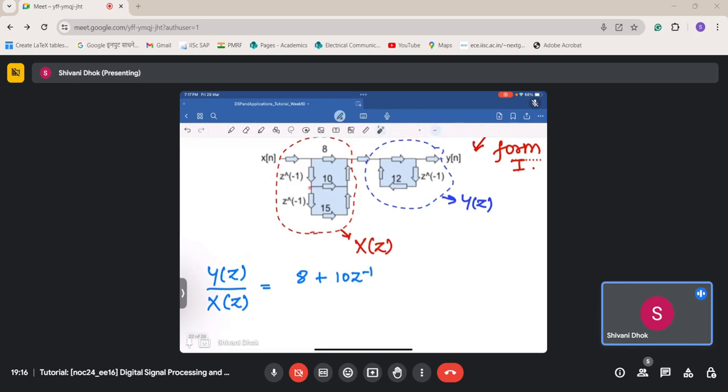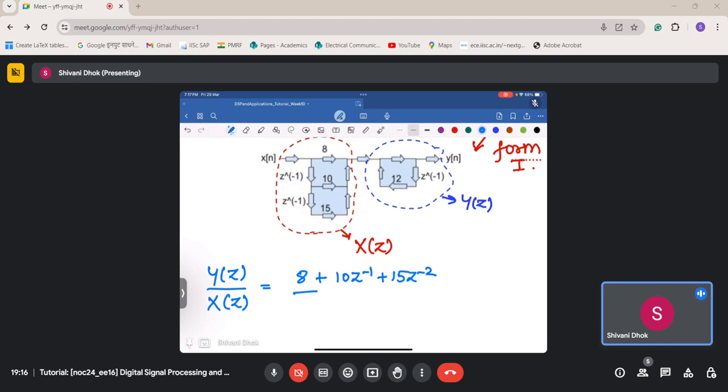Then we have another z inverse, so here we have z to the power minus 2. So X(z) gets multiplied by z inverse into 15, and this gets added with 10 times z to the power minus 1 plus 8 into X(z). So here we have 15 into z to the power minus 2.